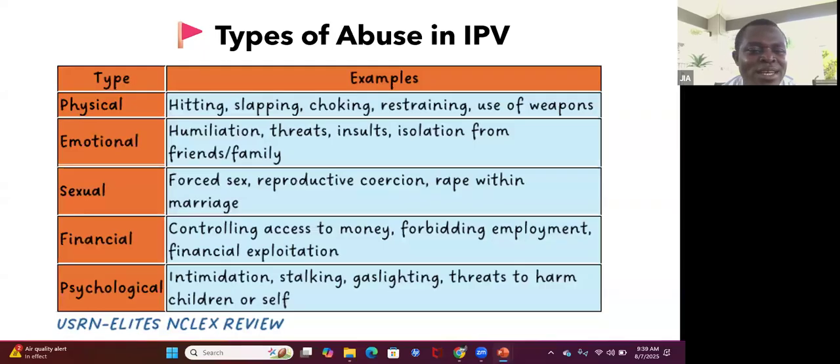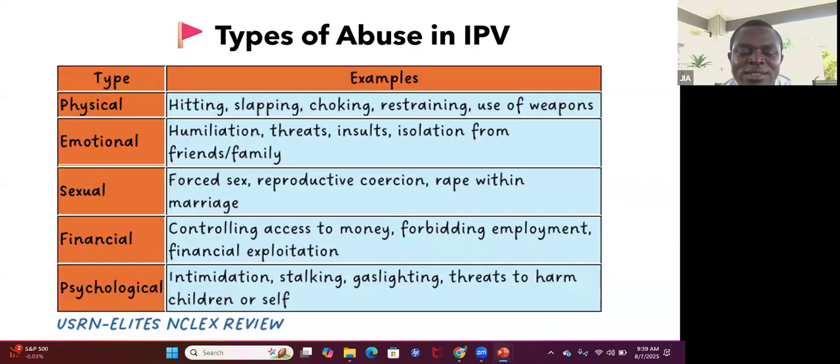The next one, sexual. It can be forced sex or reproductive coercion, or rape within marriage. All of them are under sexual. Financial includes controlling access to money, forbidding employment, and financial exploitation. Some people do that. They marry because of their own game plan.